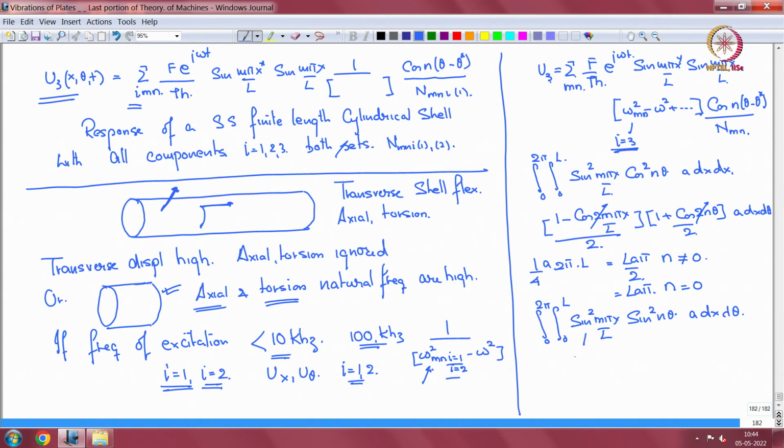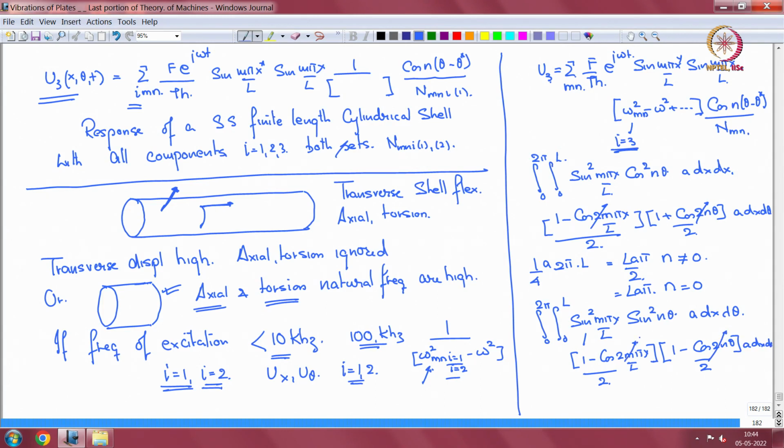So this gives me 1 minus cos 2 m pi x by L over 2, and 1 minus cos 2 n theta by 2, a dx d theta. So these cosine terms go to 0.